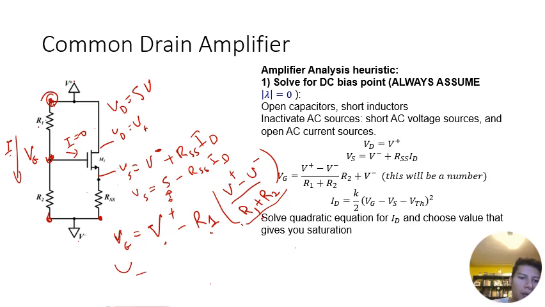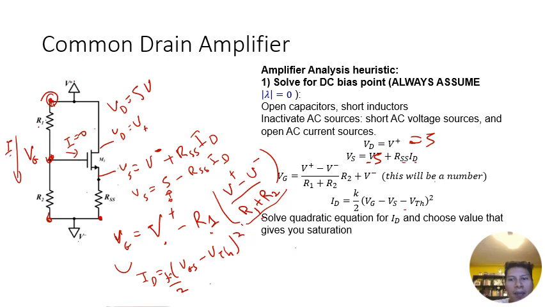Additionally, we have a final equation for ID, which is that ID equals VGS minus V threshold squared times K over 2. Okay, so here I actually wrote all that. So here I have VD is V plus, or 5 volts. Vs is V minus, or negative 5 volts, plus RSS times ID.